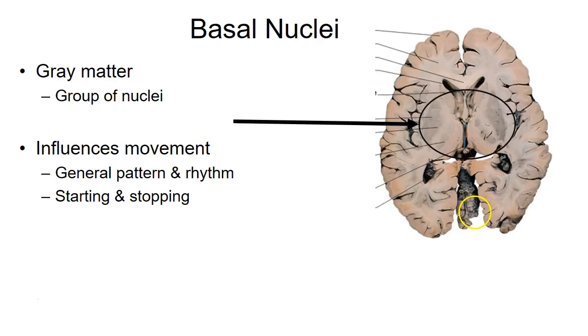So if you remember when we talked about neurons that came out of the spinal cord, or sensory information, sensory neurons, the cluster of cell bodies we call the ganglia, right? We called those clusters of cell bodies ganglia. So in the peripheral nervous system, the cluster of cell bodies are called ganglia.